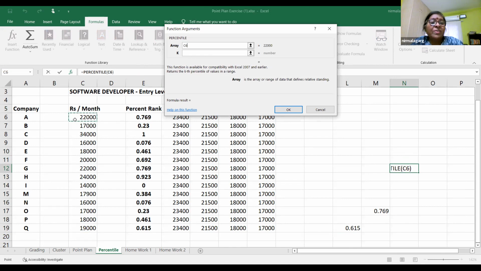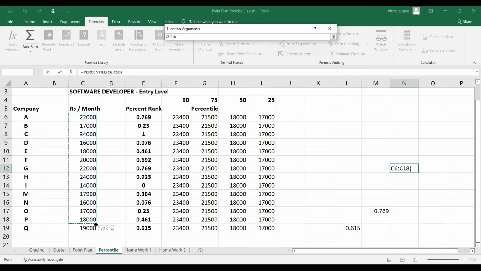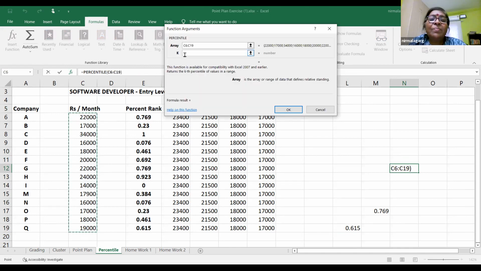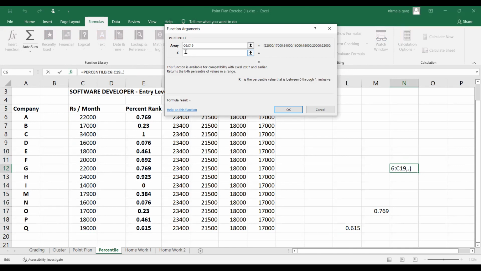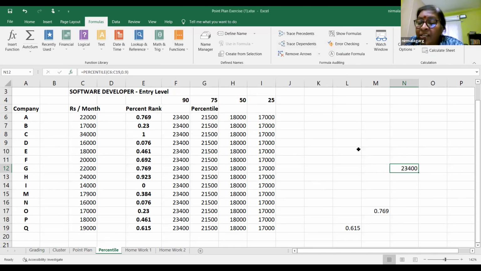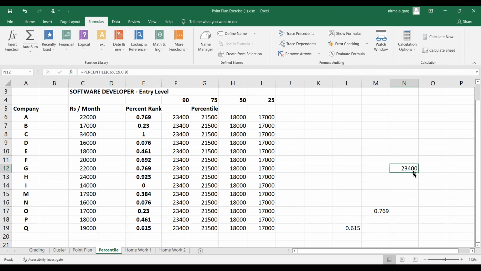What was my question? What is the amount at the 90th percentile? 90th can be 0.9. So how much is the amount at the 90th percentile? 23,400. Say for example, I want to pay at the 60th percentile. Into 0.6.